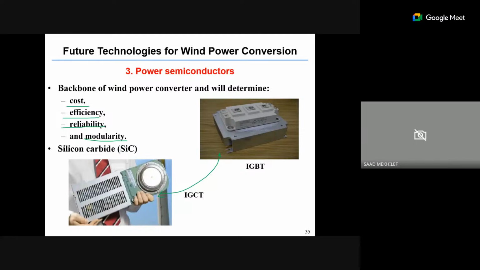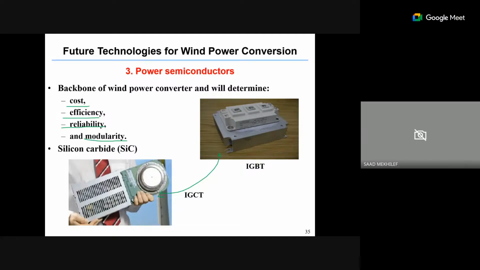If you have modularity, that helps in case you want to increase capacity or in case there is a fault. It also allows fault tolerance, because most of this power electronics have the capability of providing fault tolerance.